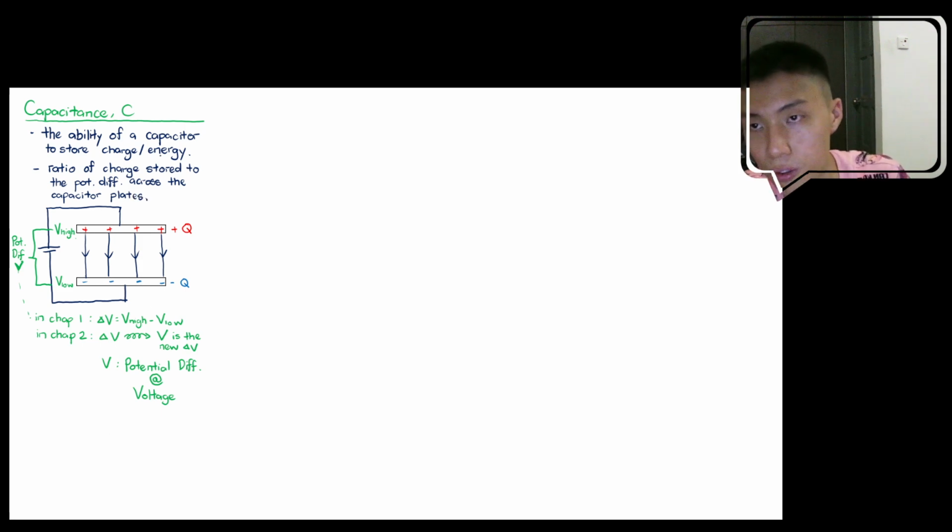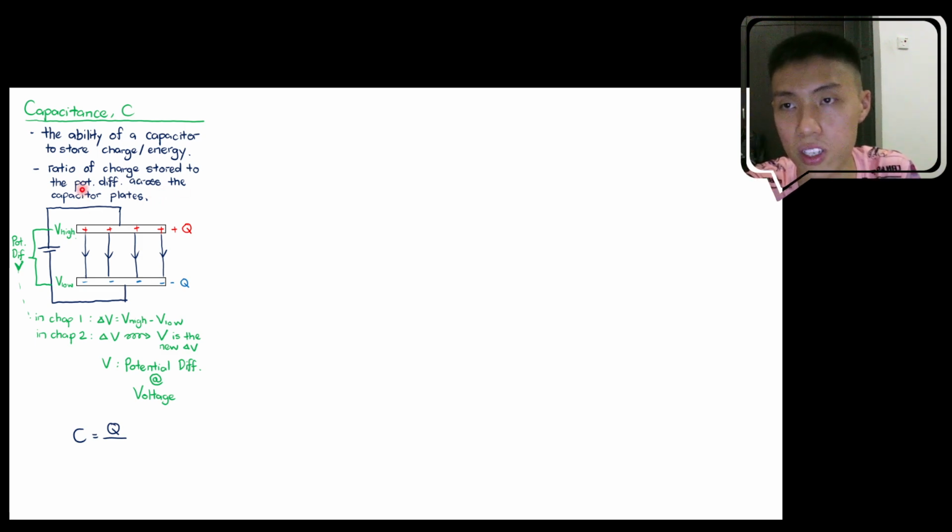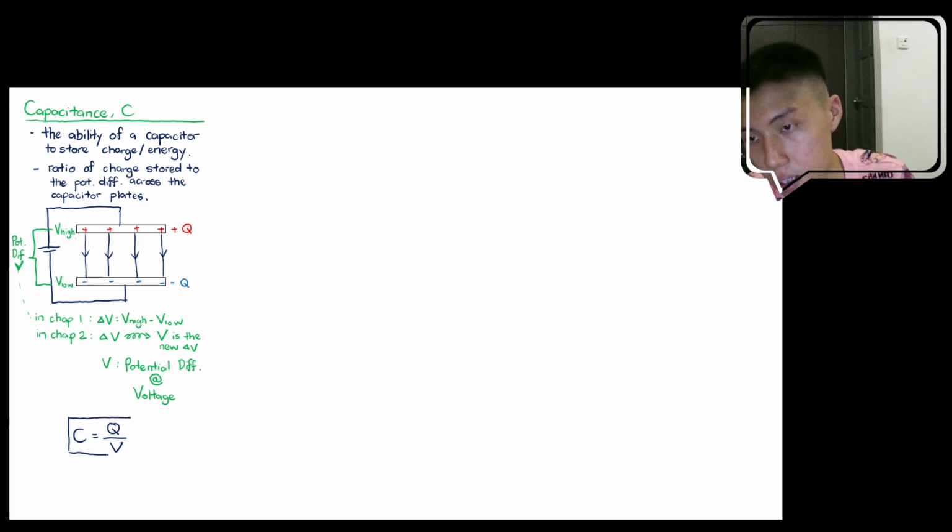In terms of a mathematical equation, capacitance is the ratio of charge stored, which is Q, to the potential difference across the capacitor plates, which is V. So this will be the equation for capacitance: C equals Q over V. It has a totally new unit that you're going to learn right now.